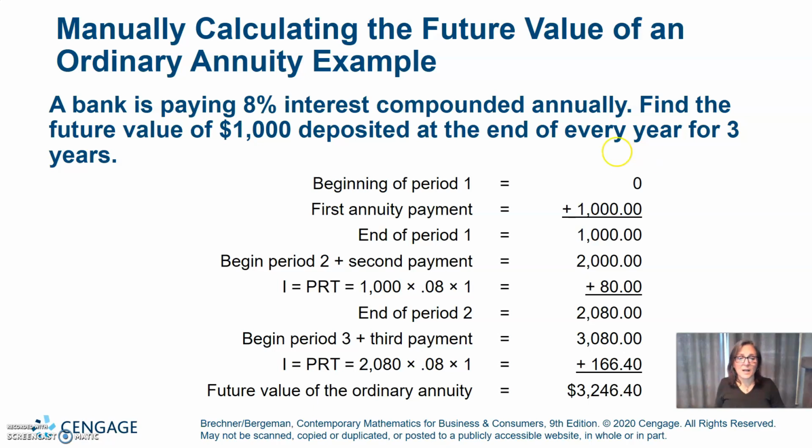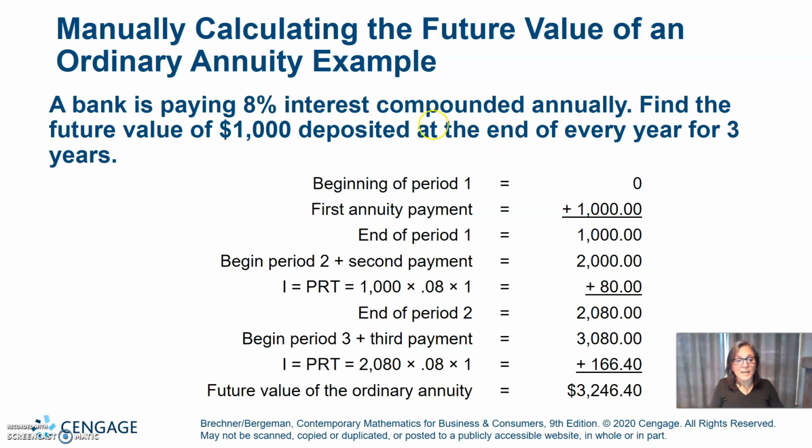There is $2,000 in the account now, but only $1,000 has anything at the beginning of the period. Interest is being taken only on $1,000 because the second payment comes in at the end of the period, so interest is only being taken on the first $1,000.